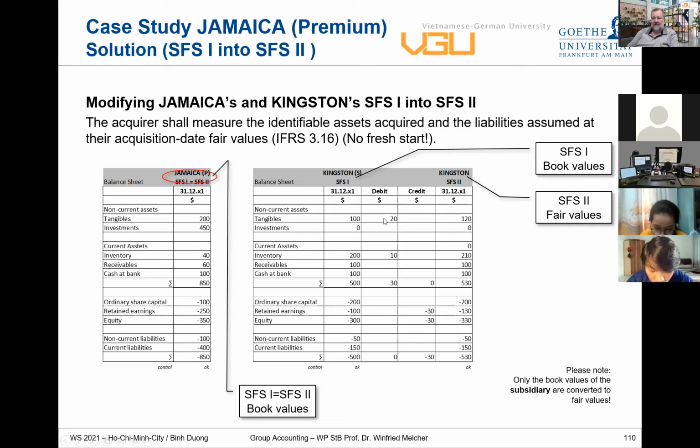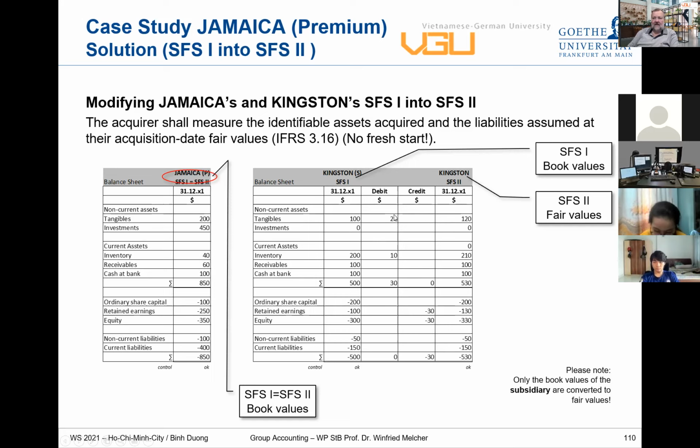So we debited tangibles by 20, debited inventory by 10. And Jamaica acquired Kingston at the acquisition date, and those were the fair values.